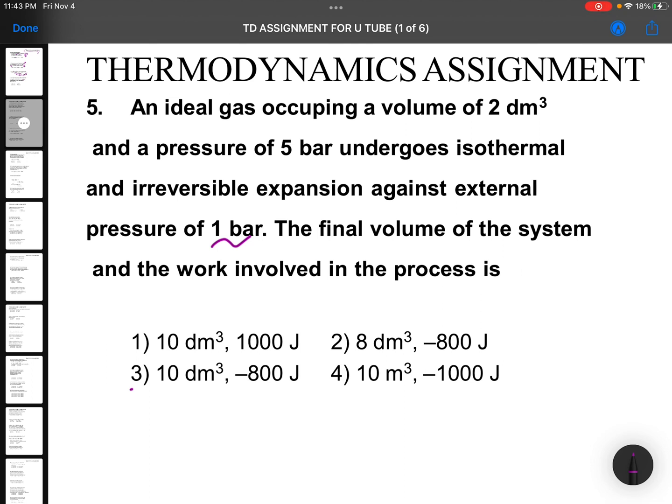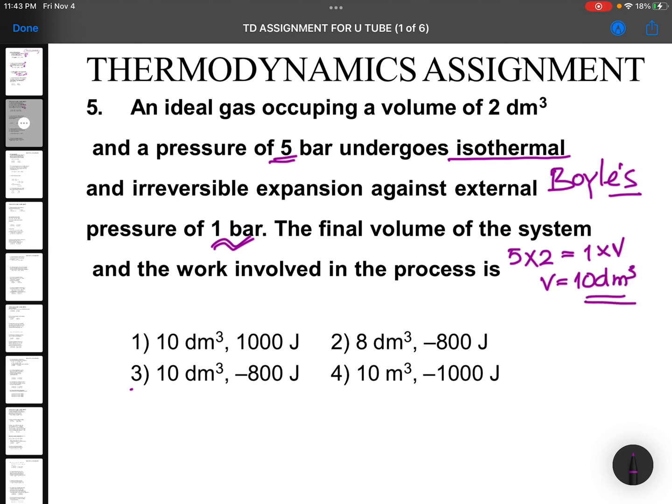See, here again, isothermal means temperature is constant, so you can very comfortably apply your Boyle's law. Initial pressure was 5 bar, it became 1 bar. So 5 bar into 2 decimeter cube volume equals 1 into volume. So volume will become 10 decimeter cube. 10 decimeter cube is present here, here, here. So this is not your option.